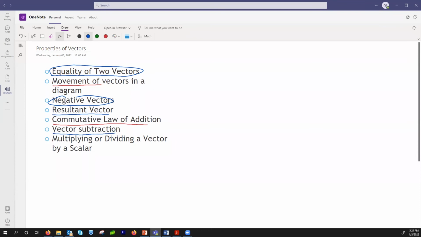Next, vector subtraction. For example, if we have vector A minus vector B, it's called A subtract vector B. In this case, we can actually convert it into addition. So it will be vector A plus negative vector B. Remember, we talked about the negative vector earlier.